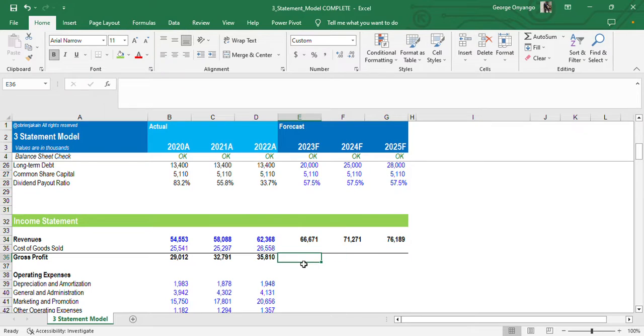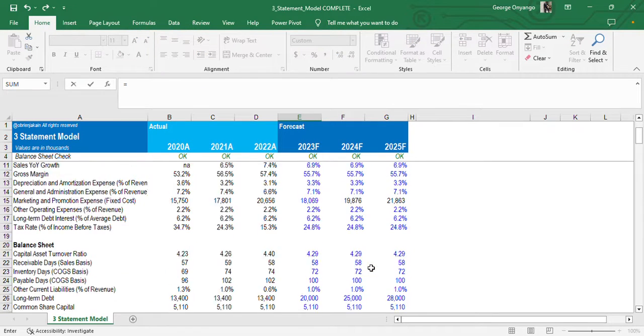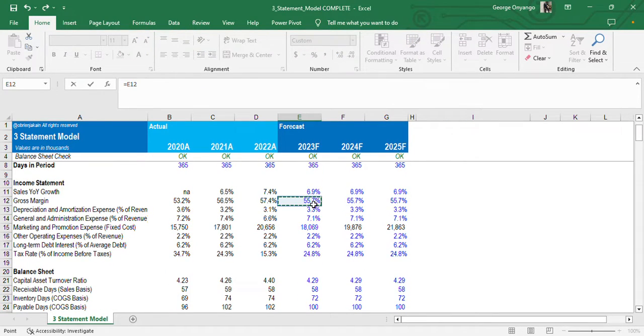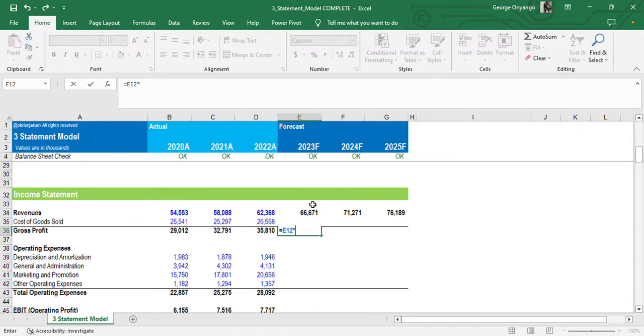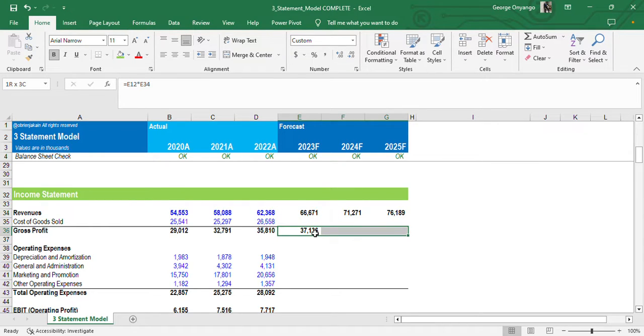Then we have the gross profit, which we are going to get by taking gross profit as a percentage of revenue. So just going to fill right to get the value.